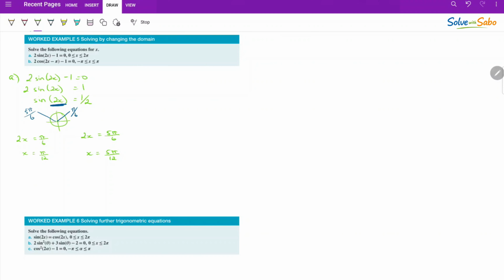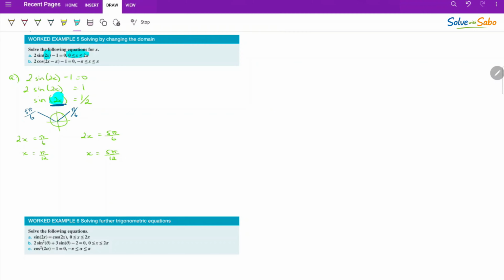Now normally we'd be thinking, yep, done. Easy peasy, smashed it. Well, what we just did is our first unit circle was talking about this domain. We drew where this 2x goes from 0 to 2 pi, where 2x has one full revolution.